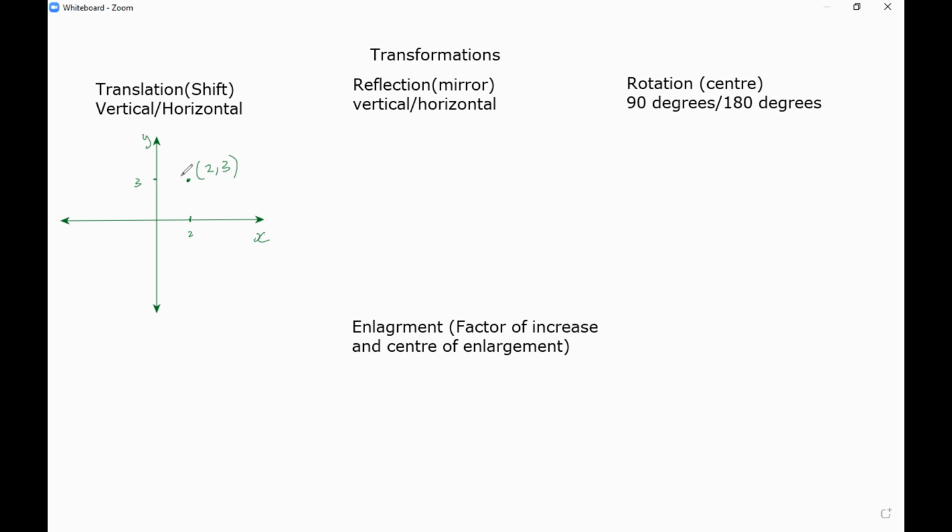Now, if I take this point A and I shift it or I translate it horizontally or vertically, I can maybe move it to this point here. Let's call it B, which is 2, -2. All right, let's say that was -2.